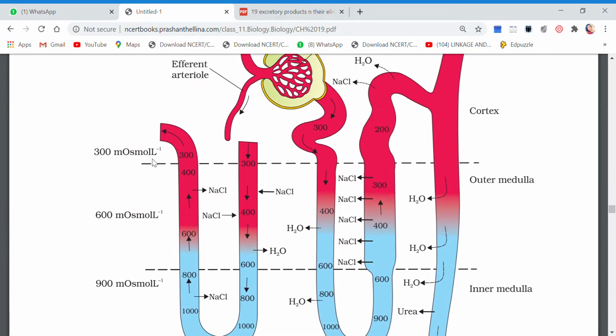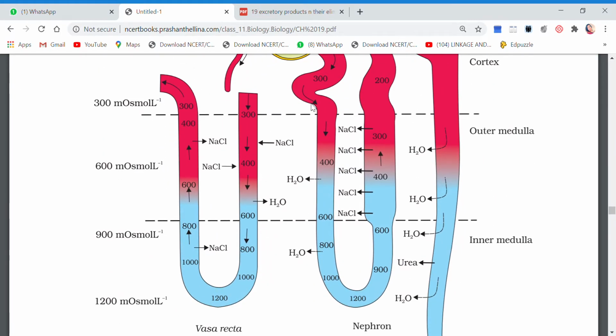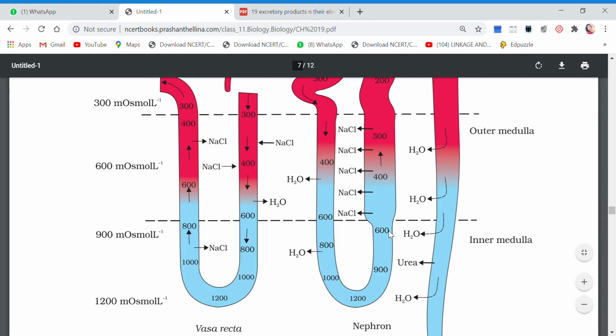Now children, you can see this is my Henle's loop. This is the descending limb, and this is the ascending limb of Henle's loop. Children, in both the limbs, the direction of flow is opposite. You can see the arrows here. The arrows will tell you the direction of the filtrate.